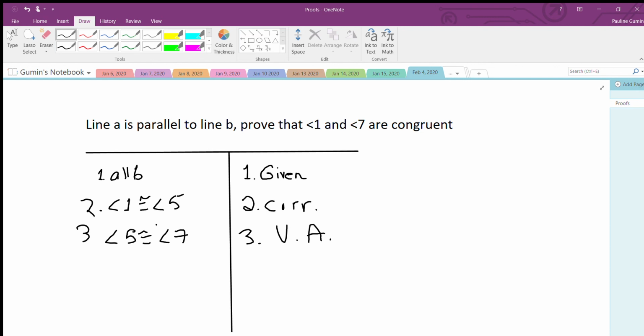And yes, I did just write V and A because too many letters. Okay, well, if 1 is congruent to 5 and 5 is congruent to 7, we can finish by saying that 1 is congruent to 7. Why? Transitive property.